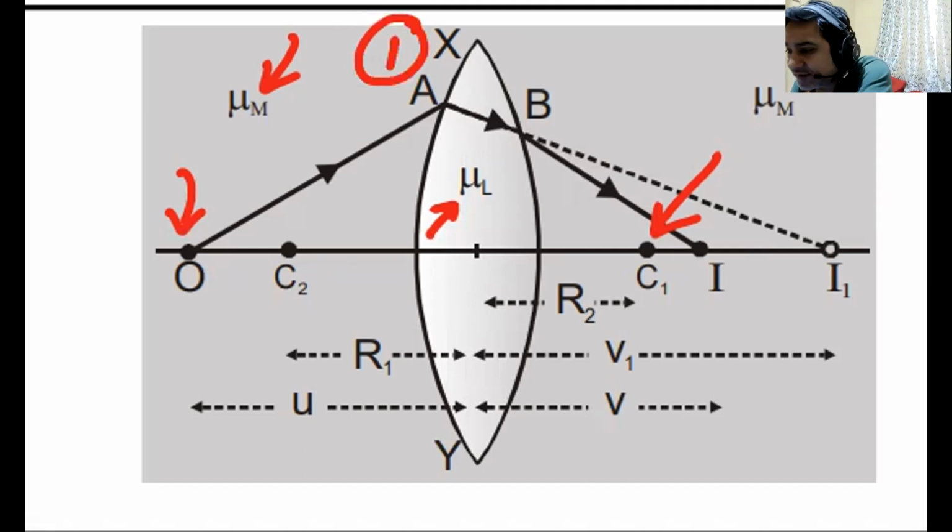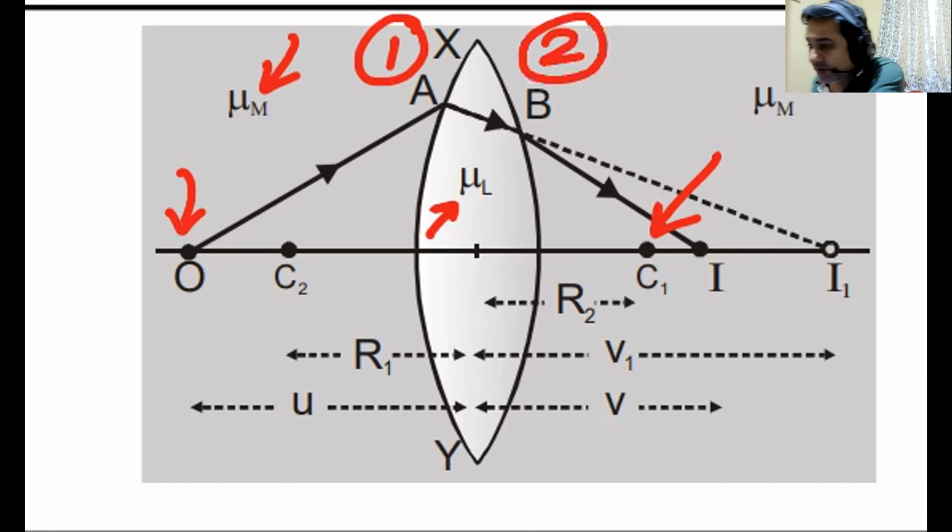Then the second refraction happens at point B, which is surface number 2. The first refraction is happening at point A, surface number 1, and the second at point B, surface number 2.